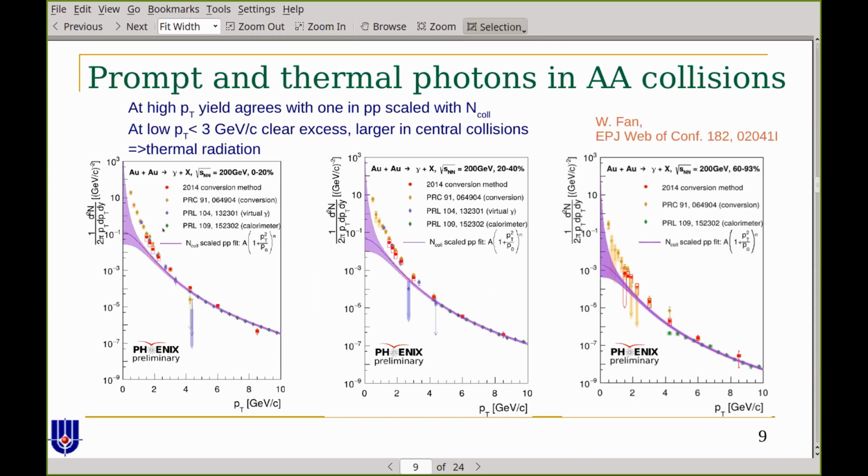And this excess is rather strong, a factor of 10 approximately, and slightly depends on centrality. Okay, as expected, it is somewhat reduced, but is not zero even in very peripheral collisions.